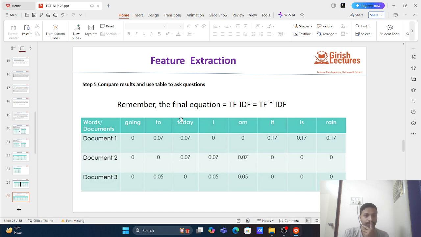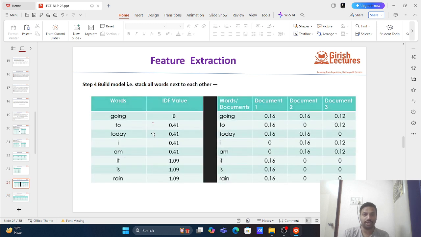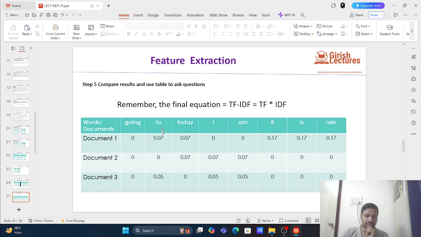So for going, in all the 3 documents, even if we multiply, it will be 0. And for 2, we will be getting the value 0.41, which is multiplied with 0.16, 0 and 0.12. So that's the reason we got all the values. So these are all the values of TF.IDF.